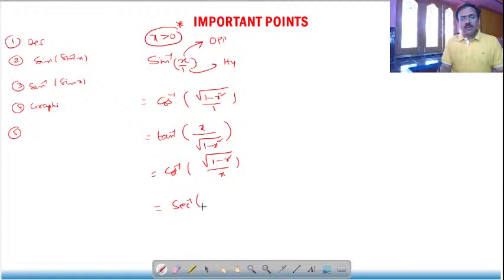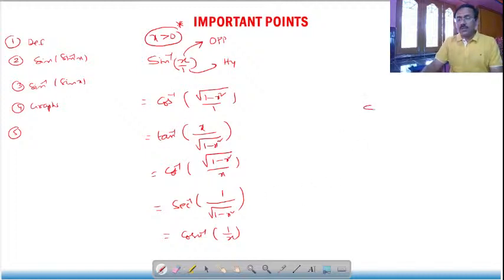Secant inverse of you can write, you see friends, 1 by root of 1 minus x square. Of course, cosecant inverse, you can write 1 by x. This result helps us to write one inverse trigonometric ratio in other terms.